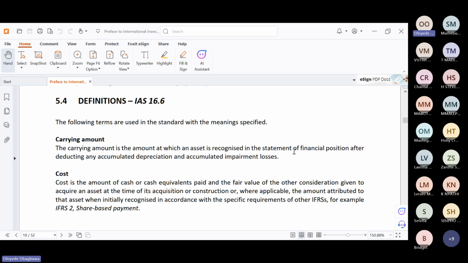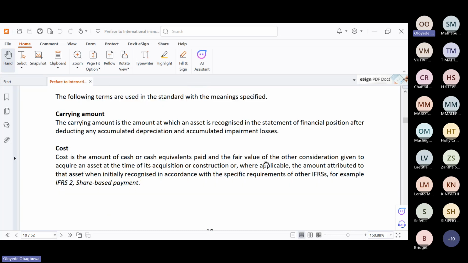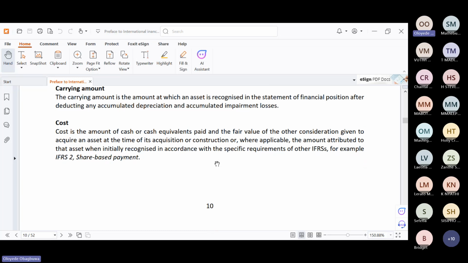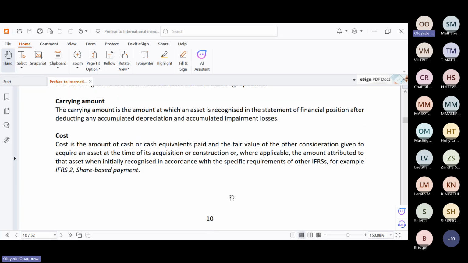So if you have a car this financial year, the following financial year some amount of the value of that car will have been depreciated. So you remove it from the total value you have in your books. The remaining value is what is referred to as carrying amount or the book value. Okay, so we are going to see those terms as we go on.